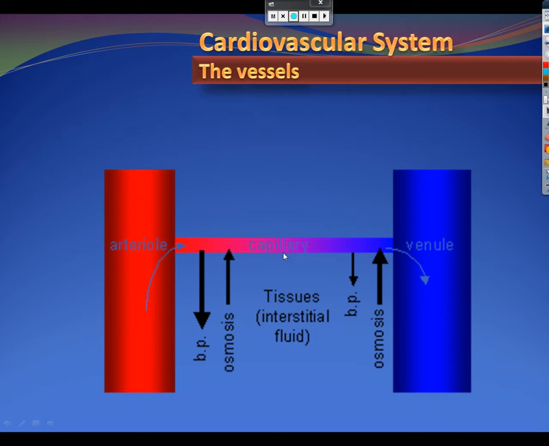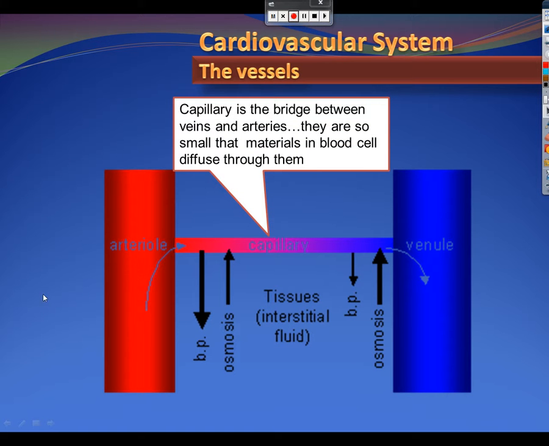Capillaries must connect these two. And through here is where osmosis occurs, through the semi-permeable membrane right here. The capillary has a semi-permeable membrane. Particles are going to diffuse in through here and now become part of your bloodstream, part of your circulatory system. The capillary is that bridge between the vein and arteries so that small materials in the blood cells can diffuse through them.